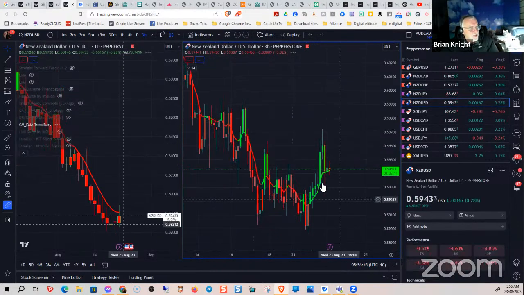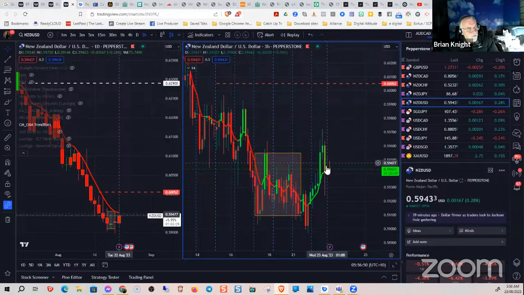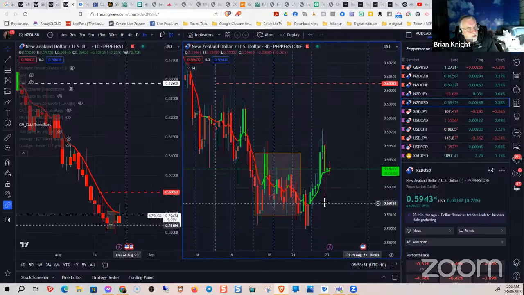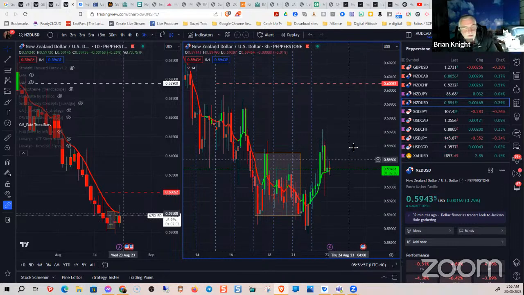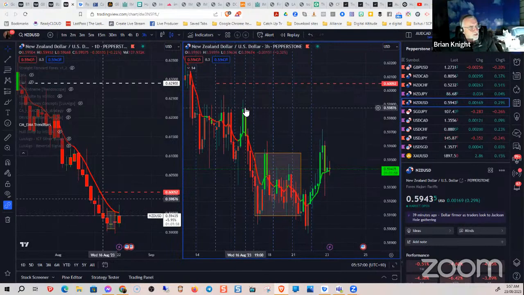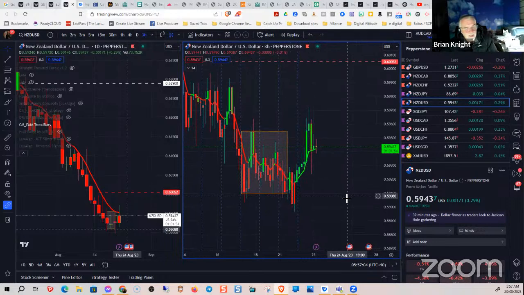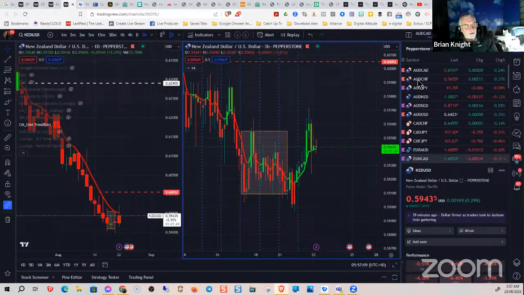NZD USD is the other one. See how that's pulled back up? And then you've got that engulfing candle with a big wick top and bottom. Same thing as what AUD is doing. Just showing you similar things. And what I'm looking for is the sell-off again, potentially. Just showing you the commonality of them.